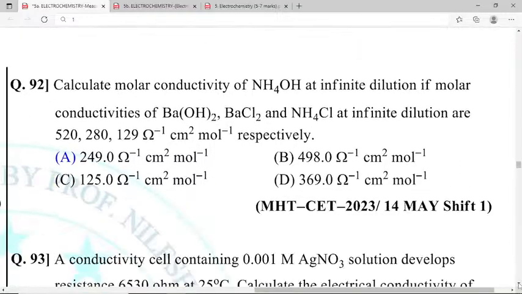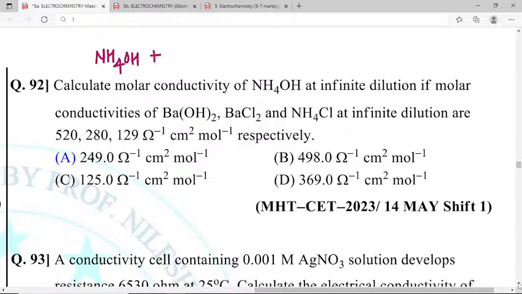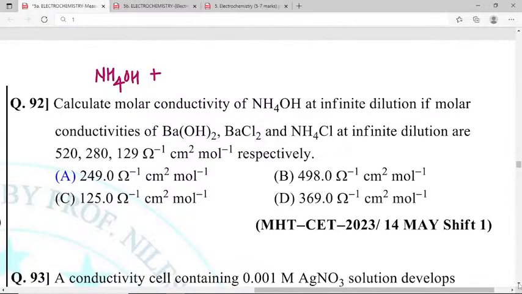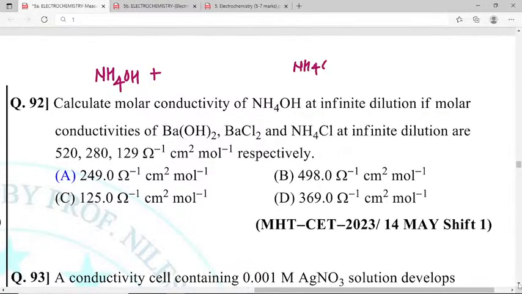Next, calculate the molar conductivity of ammonium hydroxide at infinite dilution. The molar conductivities of barium hydroxide and others are given. So we have to calculate NH4OH, plus BaCl2 on the right side, NH4Cl on the right side.